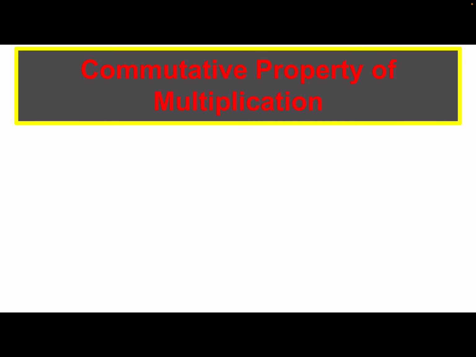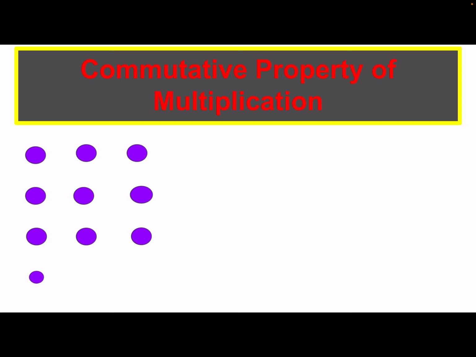Now, the commutative property of multiplication. If we have 1, 2, 3, 4, 5, 6, 7, 8, 9, 10, 11, 12 balls.